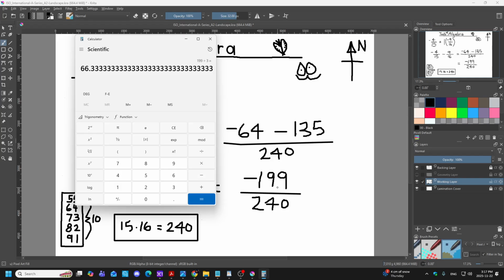4 doesn't seem like it would, because we know 4 goes into 200. 4 would go into 240. I'm not sure if we could reduce.